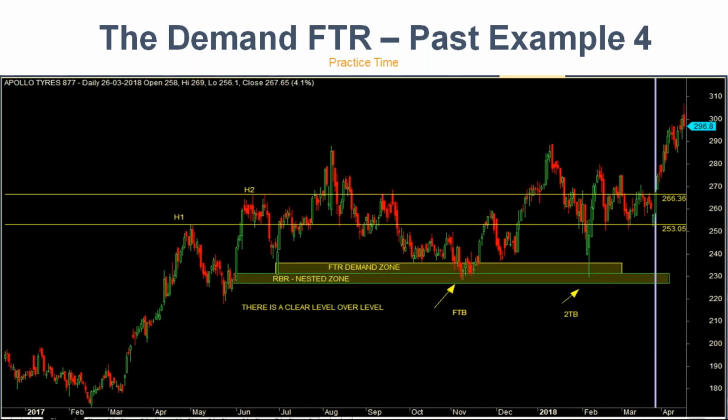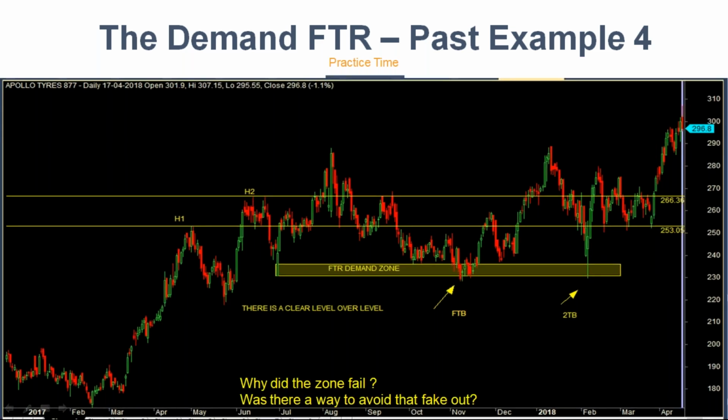Okay, so that's what we have done. There is an RBR nested zone, properly kissed. It's a very clear level over level. Is it clear, friends? Why did the zone fail before? And why did the zone work the second time?